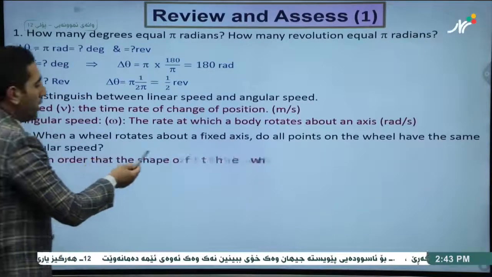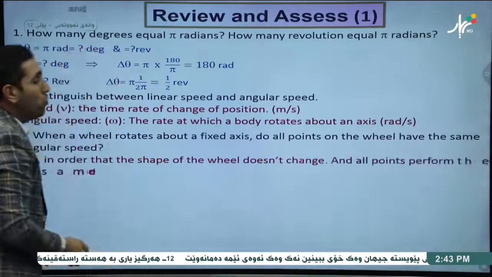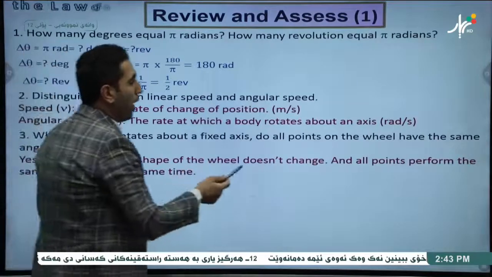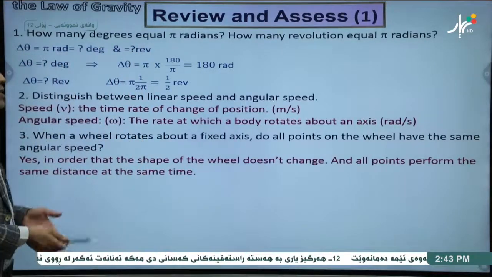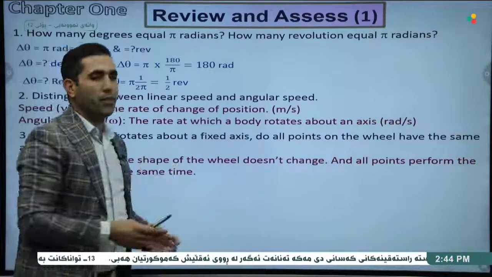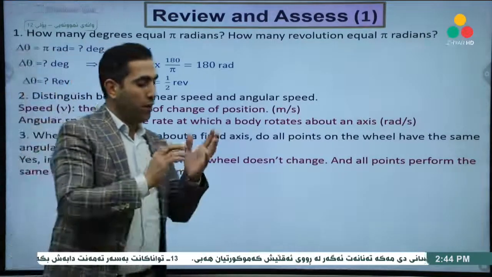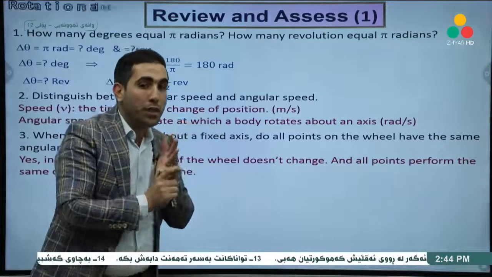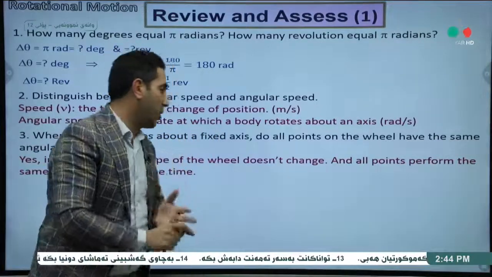When a wheel rotates about a fixed axis, do all points on the wheel have the same angular speed? Yes. All points on the rigid body must have the same angular speed and angular acceleration.